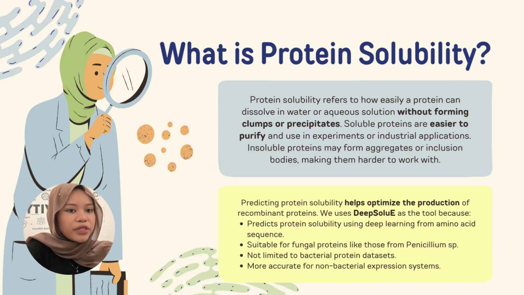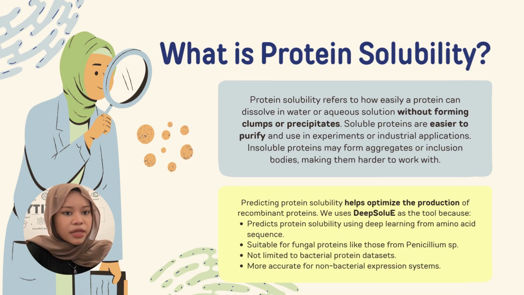And in this case, we use the tool DeepSoluble because it offers several advantages. The first one is it predicts solubility from an amino acid sequence using a deep learning approach. And the second one, it is particularly suitable for fungal proteins, like our protein from Penicillium.